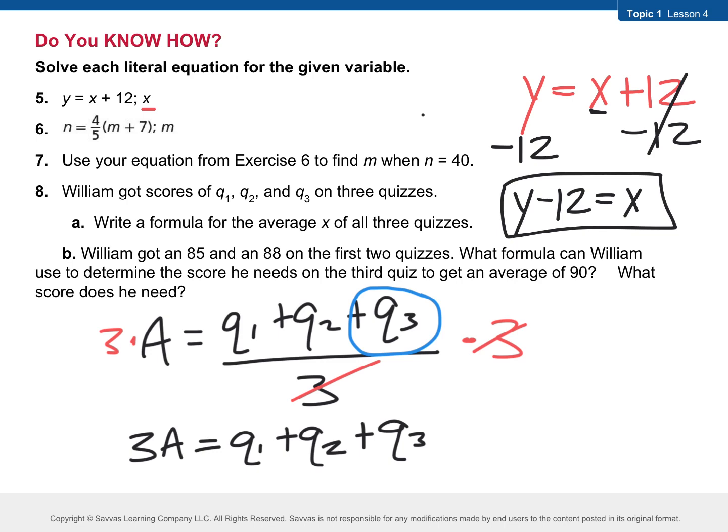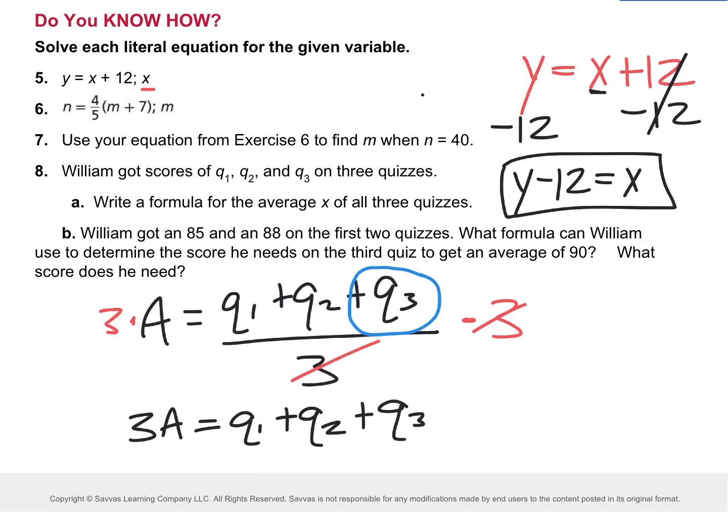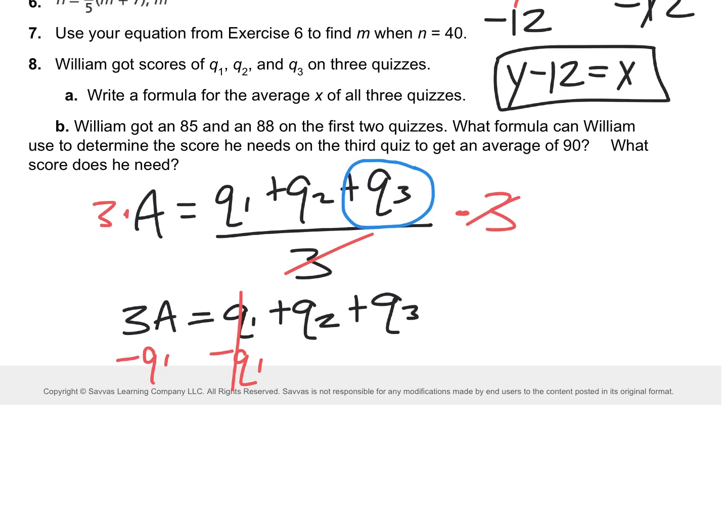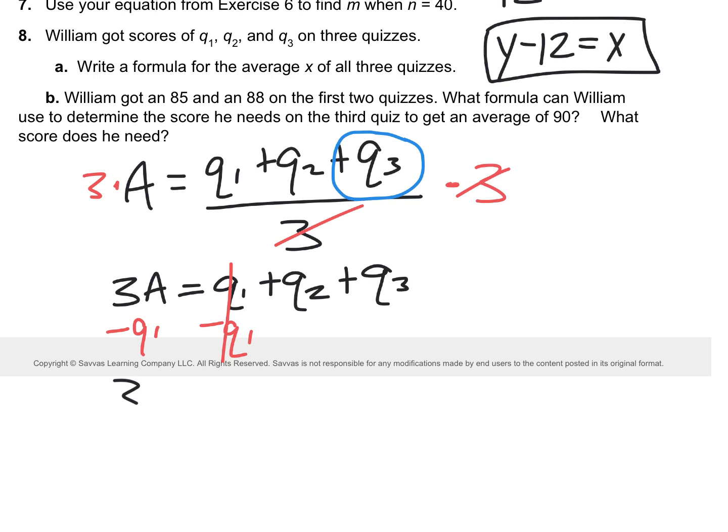Again, I want to get Q3 by itself. So what I'm going to do next is subtract Q1. Those will cancel. So now I have, I'm going to write underneath this here, 3a minus Q1 equals Q2 plus Q3.